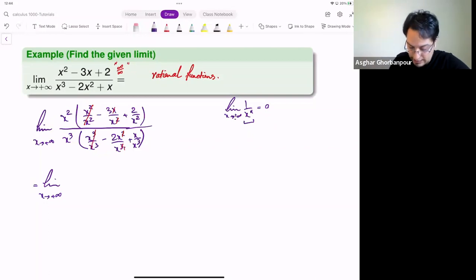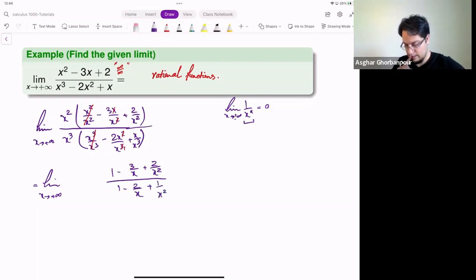So the result, at least for the second part, will be 1 minus 3 over x plus 2 over x squared, and 1 minus 2 over x plus 1 over x squared. And also I have a term like this at the beginning. So I put these two together and I can cancel this with that, 1 remains, and this is nothing but the limit of 1 over x.